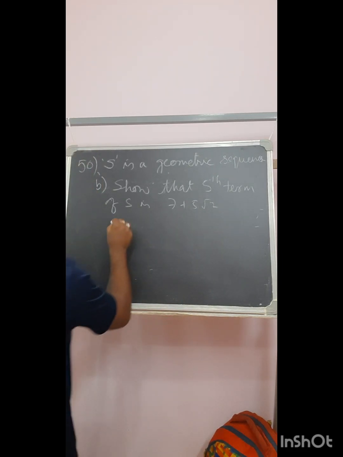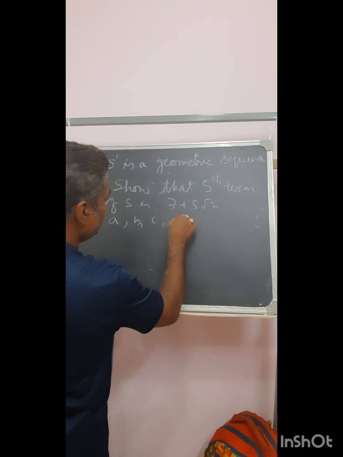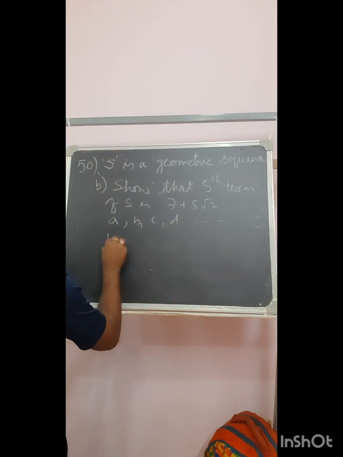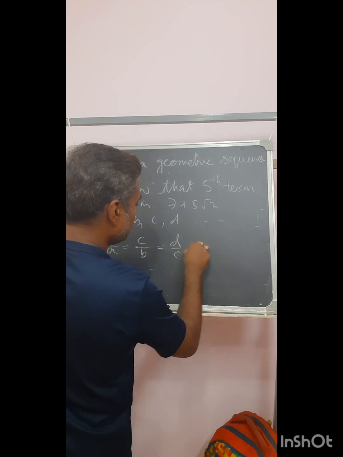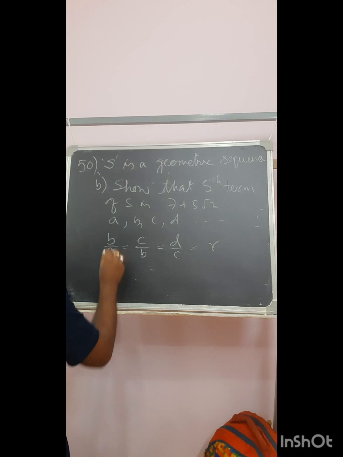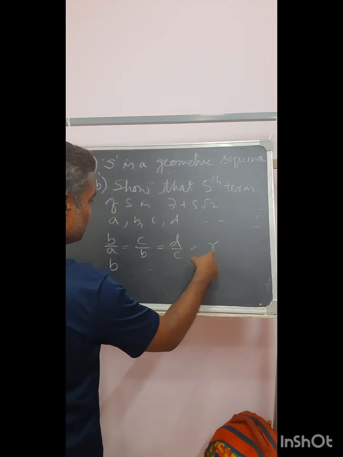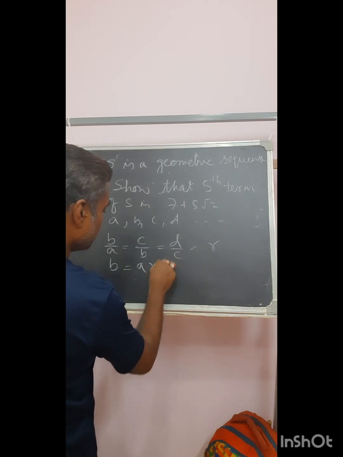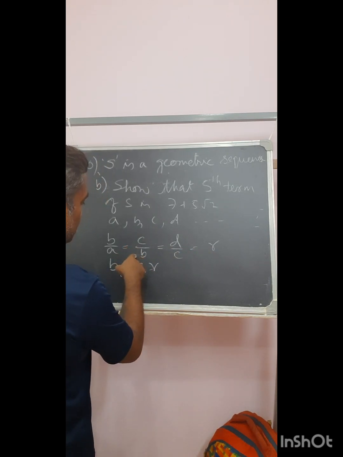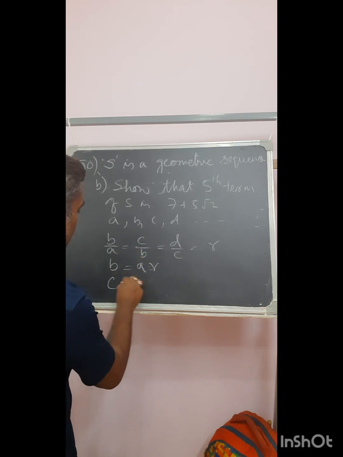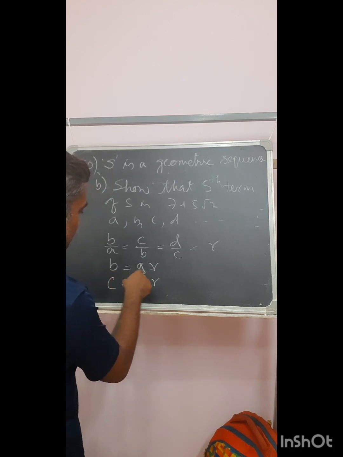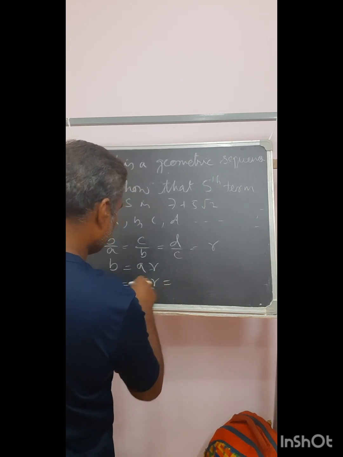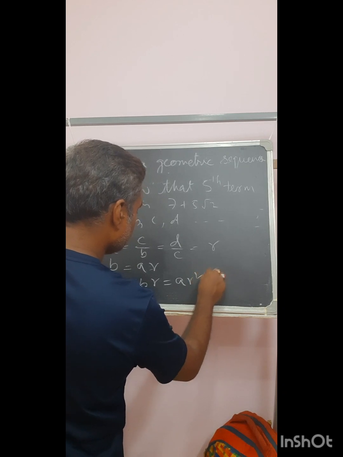Earlier I have explained, if A, B, C, D are in geometric series, then B by A is equal to C by B is equal to D by C, all can be said as R. So how are these terms related? If I equalize B by A with R, B is equal to A into R. Similarly, C is equal to B into R. As I know B is equal to AR, if I put this value here, it will be AR square.